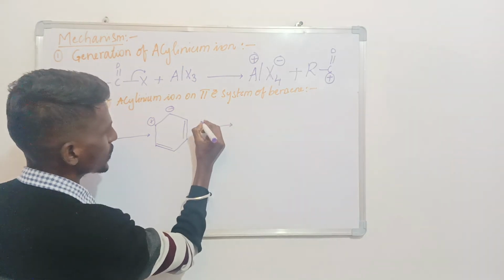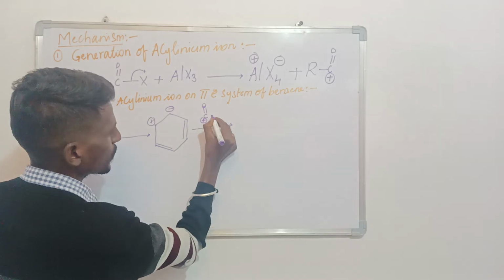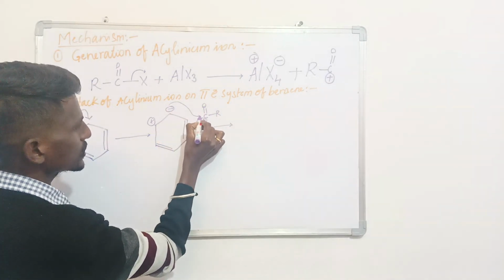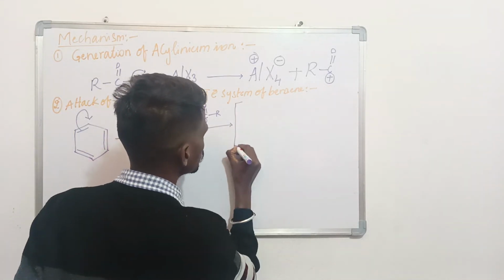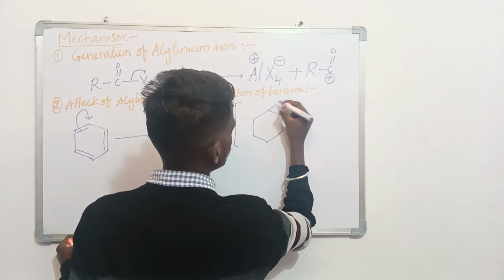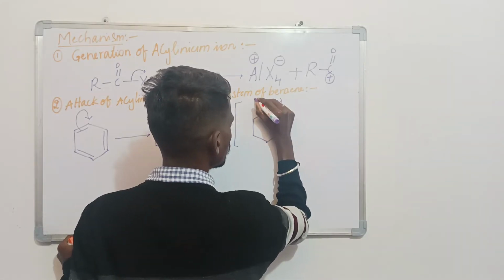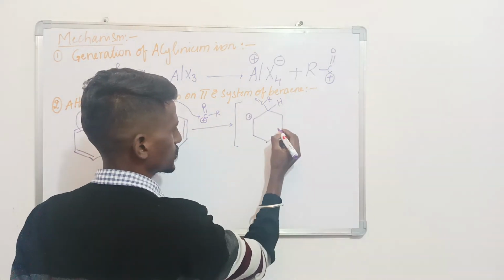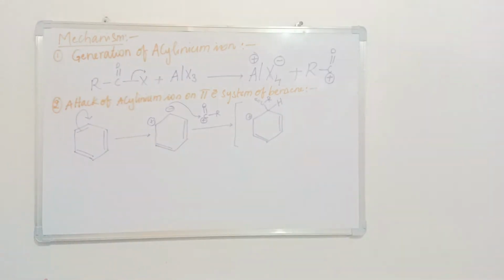So here the acylium ion, CO plus R, will attack, and it will be converted into this product. H will be present here and C double bond O will be present here, and here it gets a positive charge.